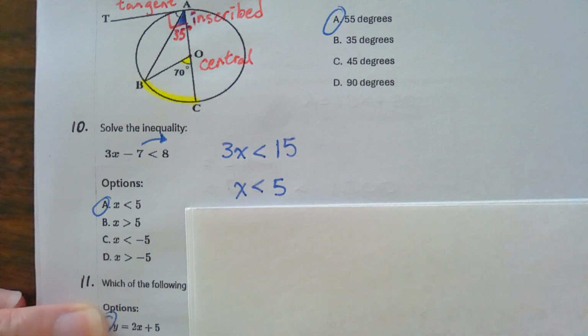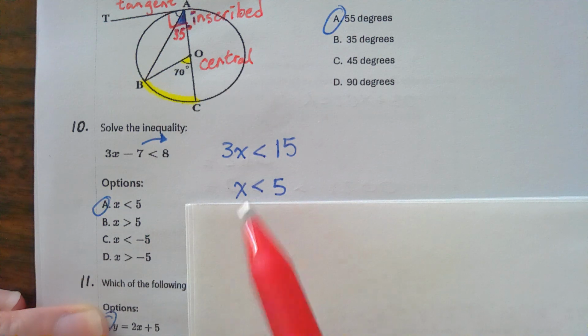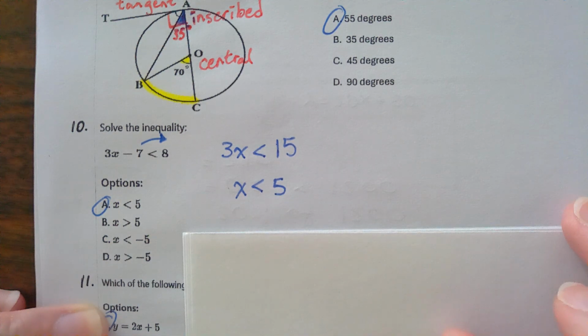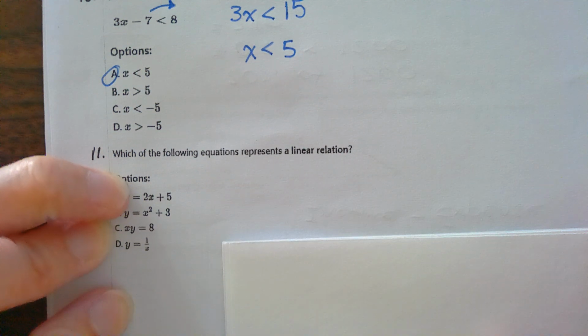When do I change the direction of the sign? When I divide or multiply by a negative. Here, I'm just dividing by positive 3, so I don't change the sign. I leave it as this. So answer A. Okay. Number 11.